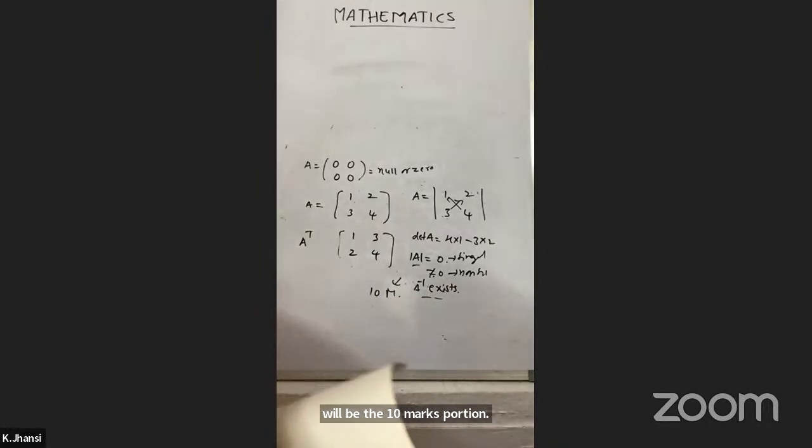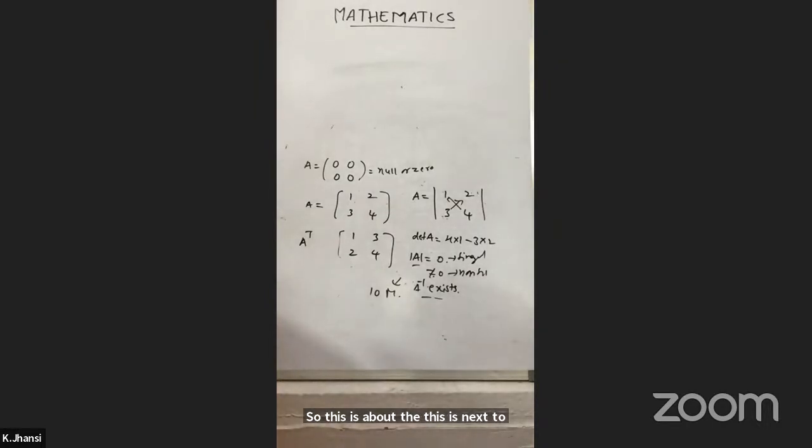Next, the last one is the 5th unit. You have the differential equations. So the differential equations concept is almost related with differential calculus only, but here it will be in the form of equations.